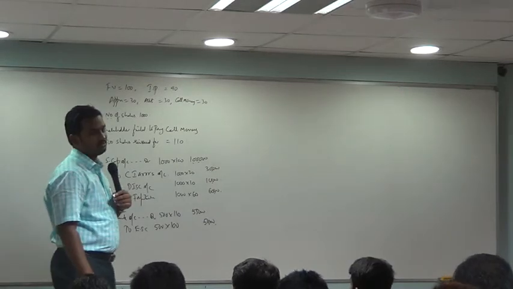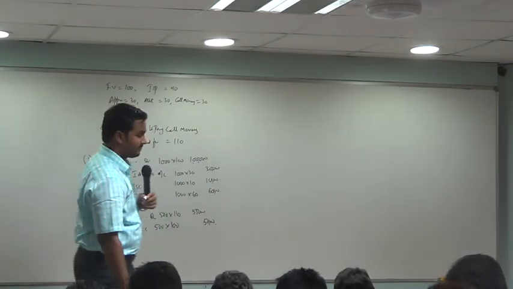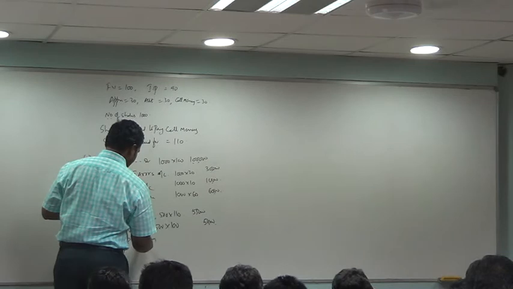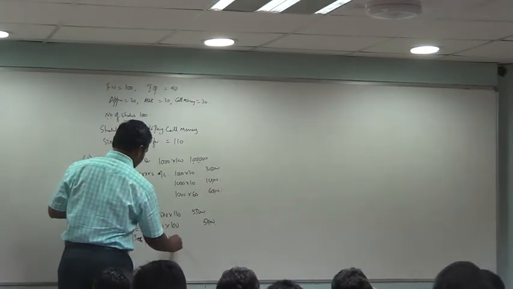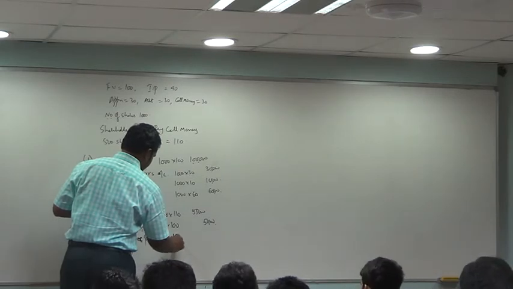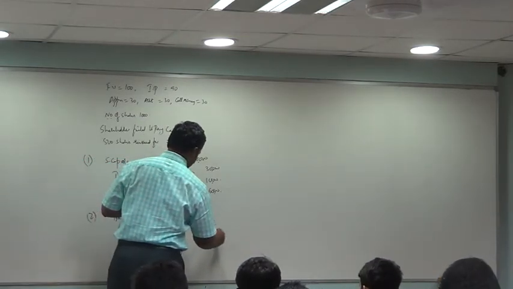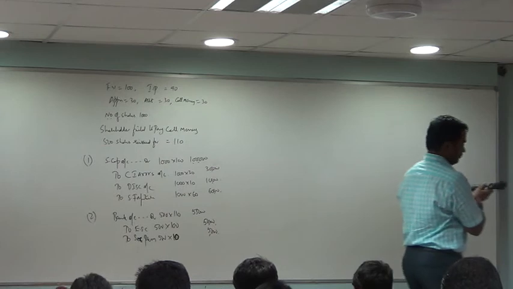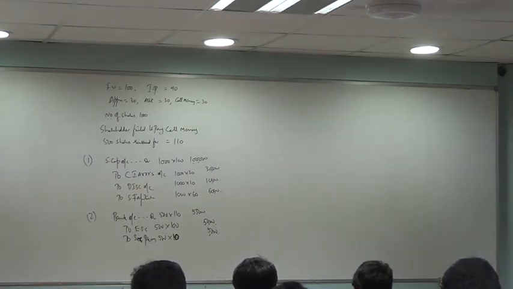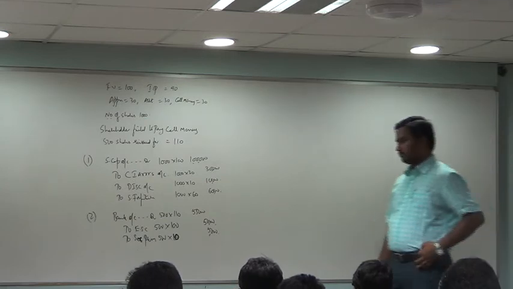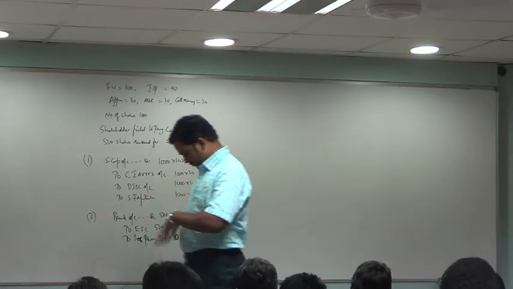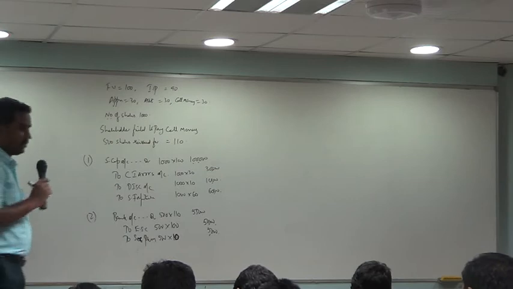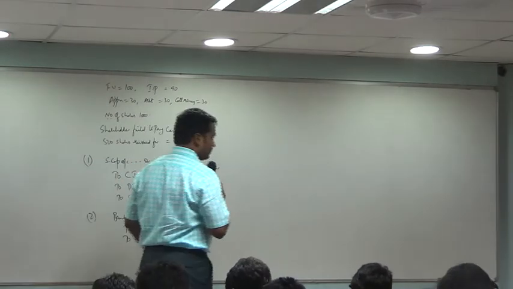To securities premium. Whenever we collect more than face value, we should credit it to securities premium account. How much? 5,000. Is it clear, everyone?